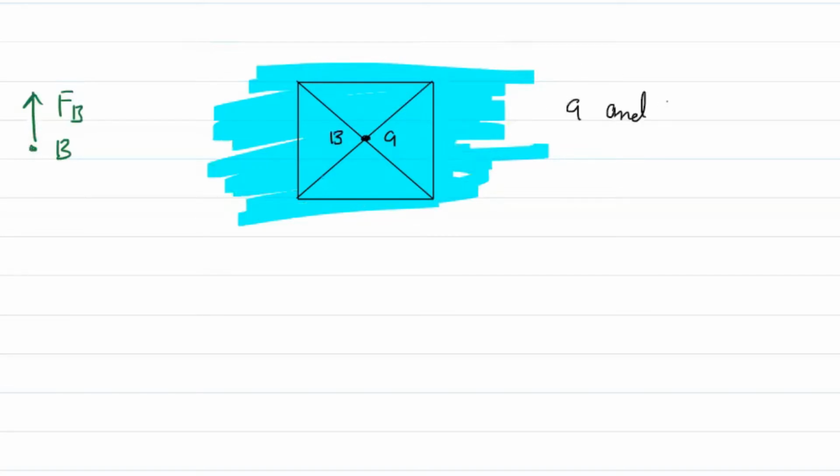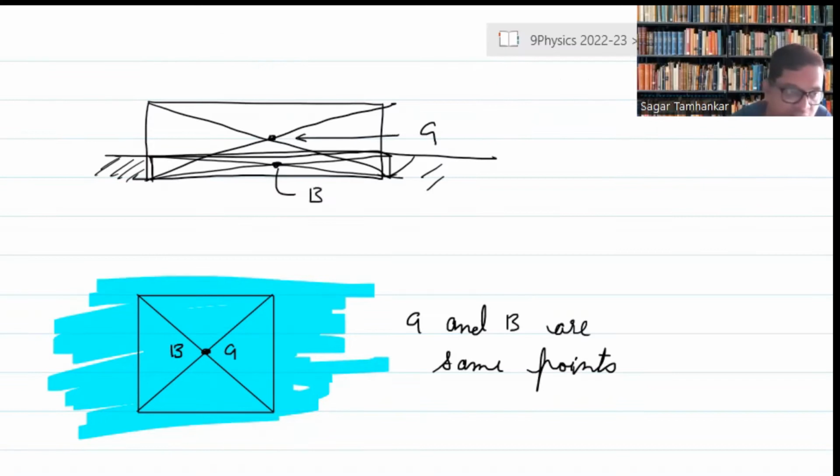So G and B are the same points. For the diagonals, the center of gravity and center of buoyancy do fall on the same line. It's only when the whole body is under the liquid, then they coincide. The center of gravity and center of buoyancy will be same.